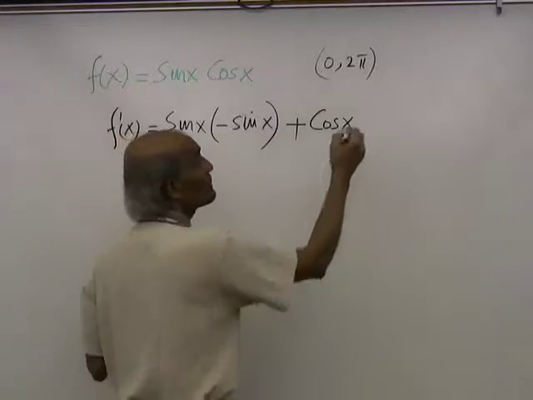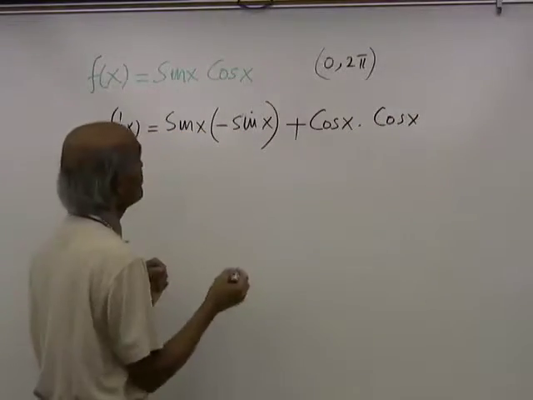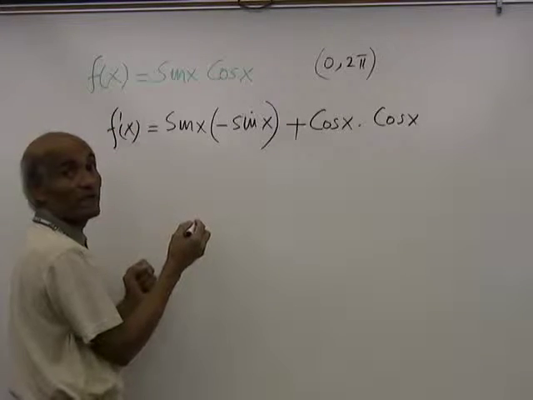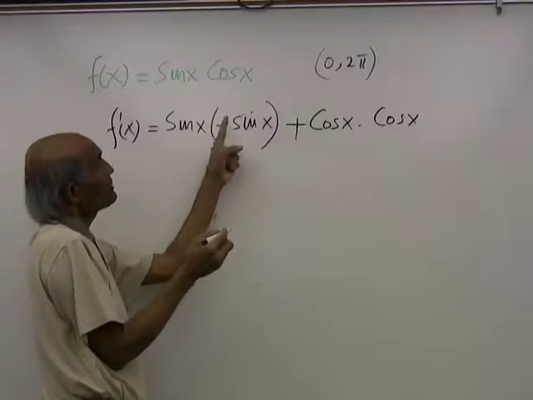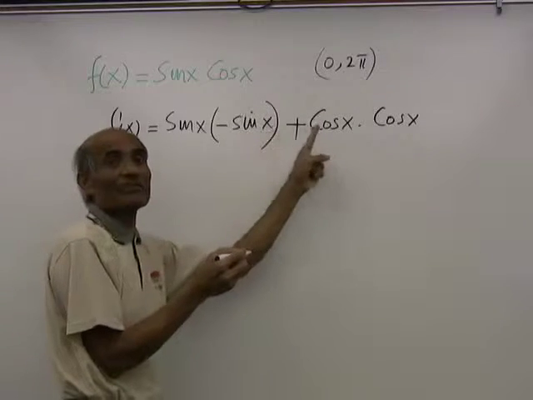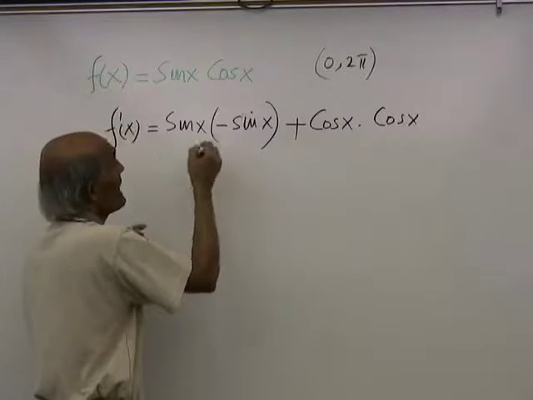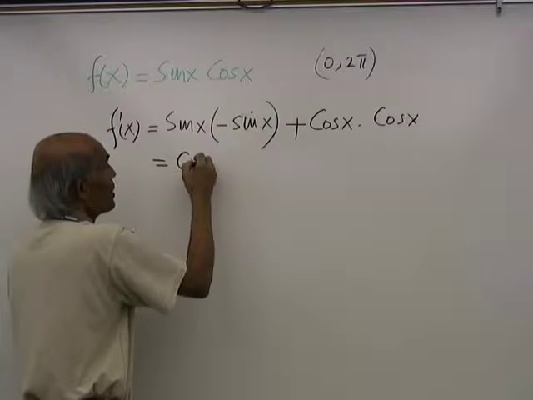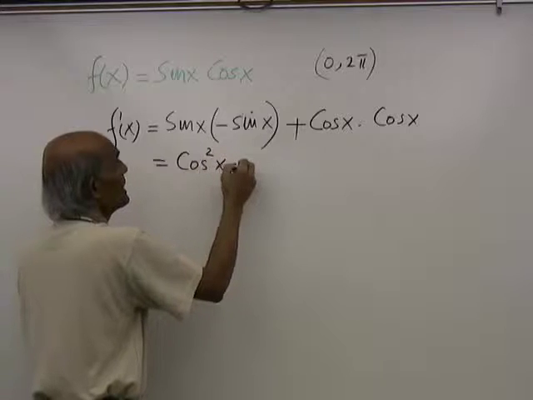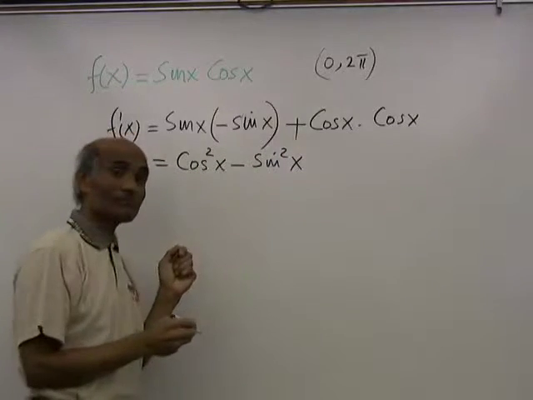Derivative of sine x is cos x. So this comes out to be, look at this, sine x times negative sine x is negative sine squared x. Cos x times cos x is cos squared x. And that I can write as cos squared x minus sine squared x.